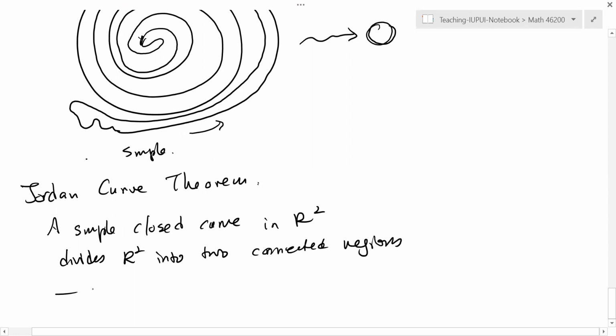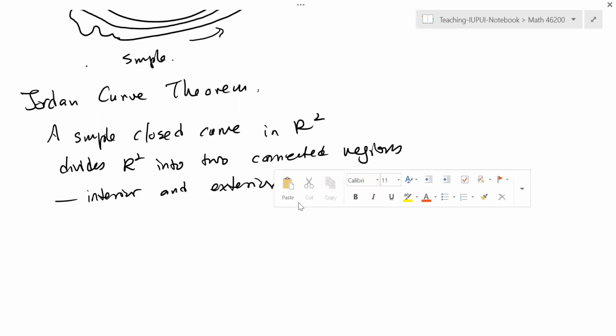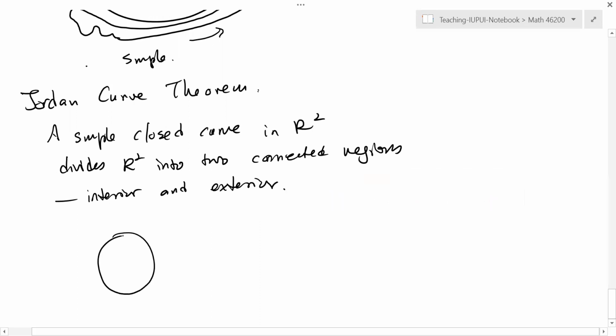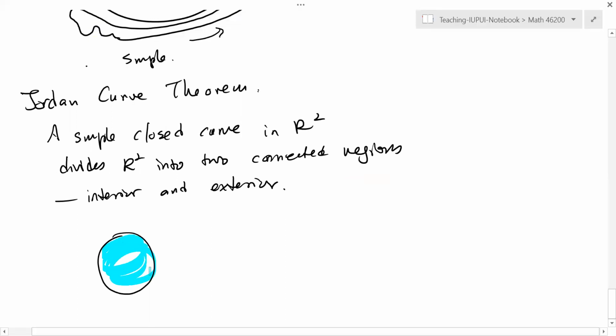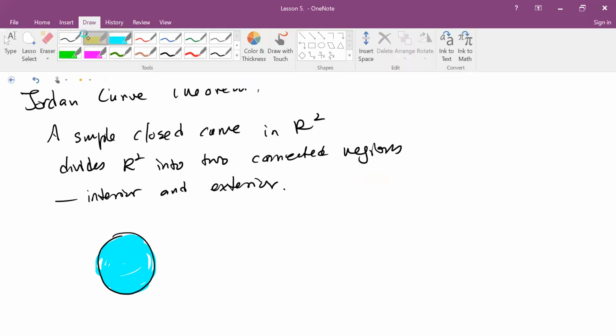One is called the interior and the other the exterior. Well, if it's a circle, then clearly the circle divides the whole region into two parts. One is called the interior, the other one called the exterior.